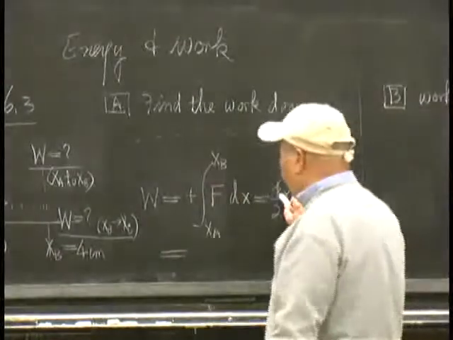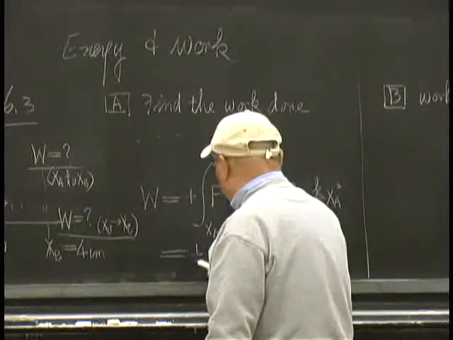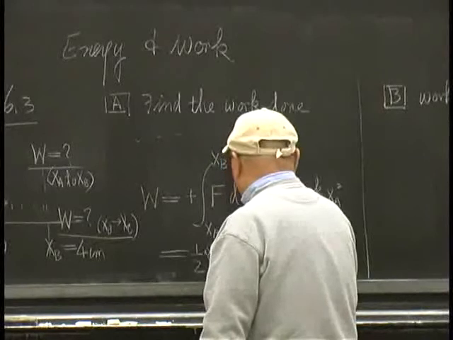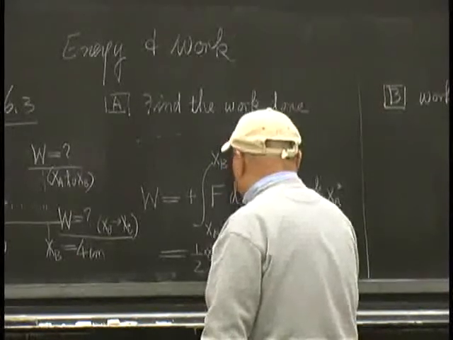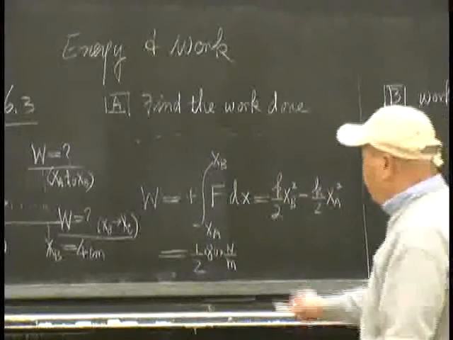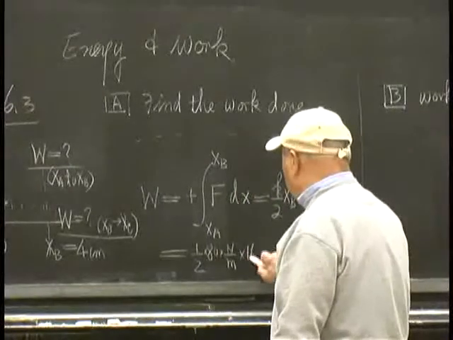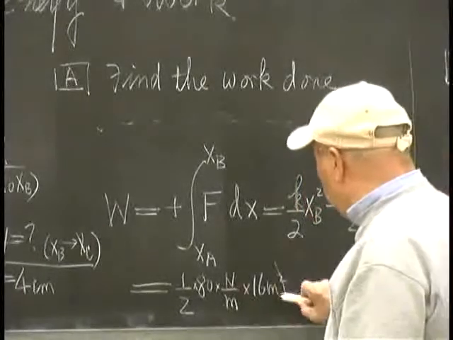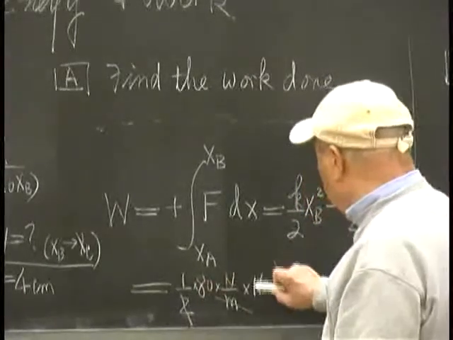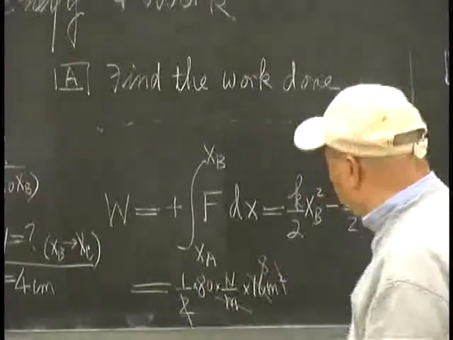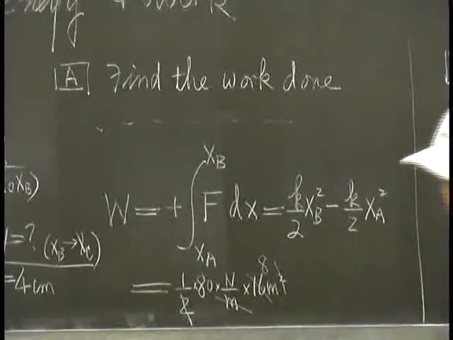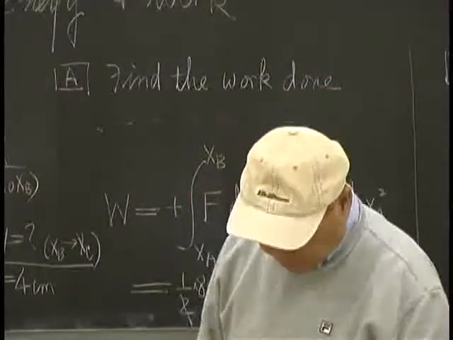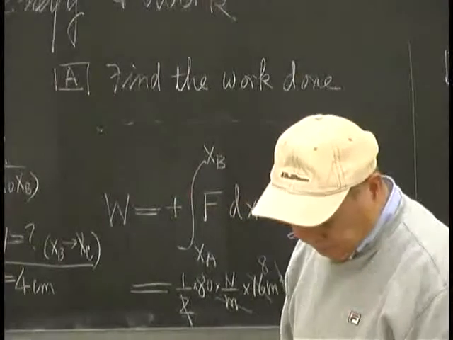K is equal to 80 Newton per meter, the unit, and XB squared with meter squared, and XA part is equal to 0. So the meter squared cancels out, and it works out very nicely.